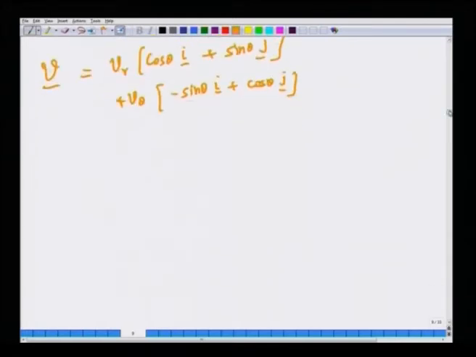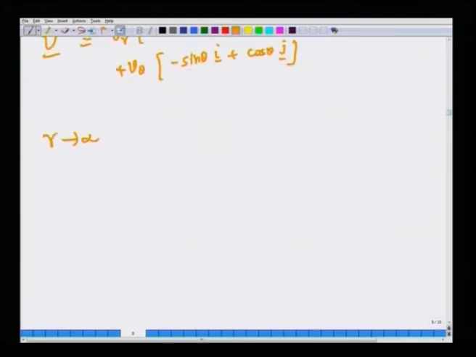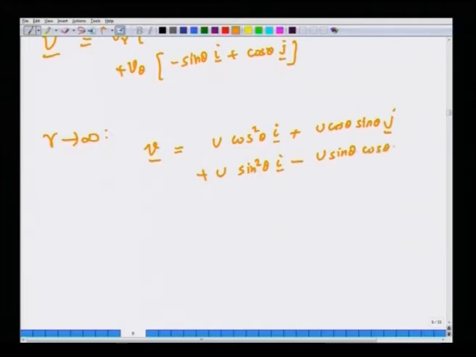As r goes to infinity, if you simplify this, you will find that the velocity vector is u cos squared theta i plus u cos theta sin theta j plus u sin squared theta i minus u sin theta cos theta j.